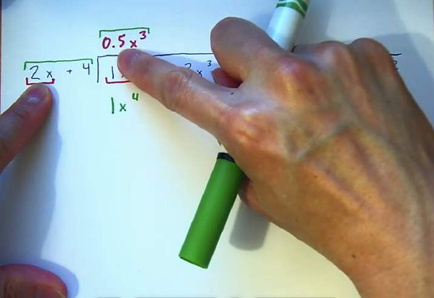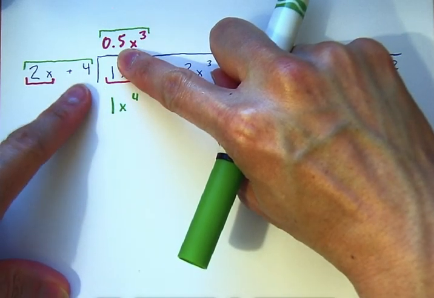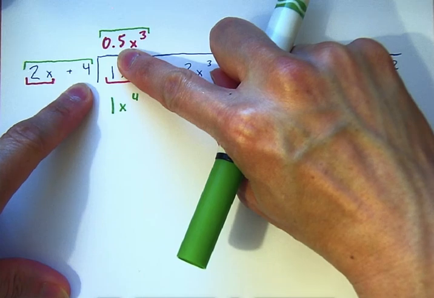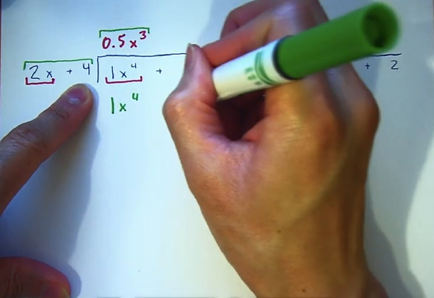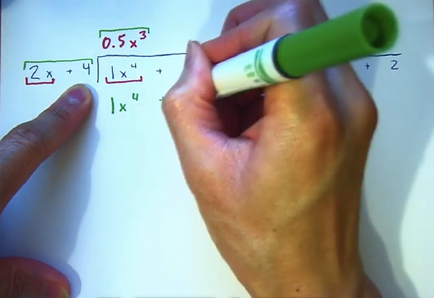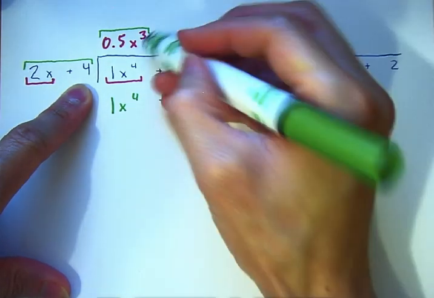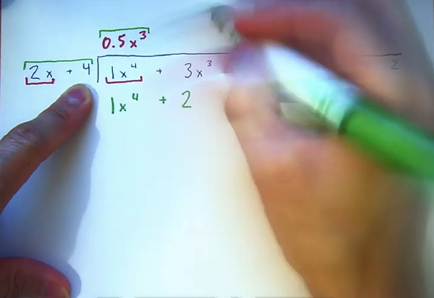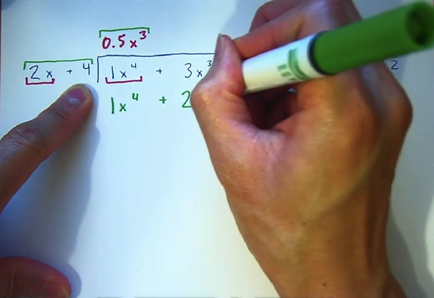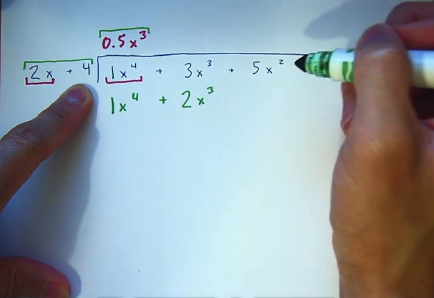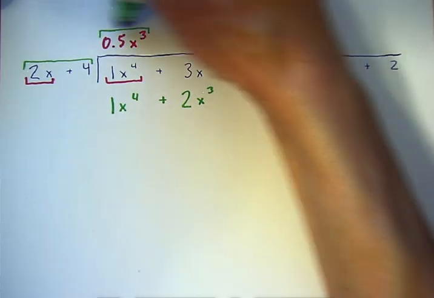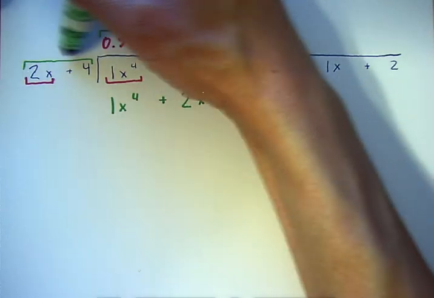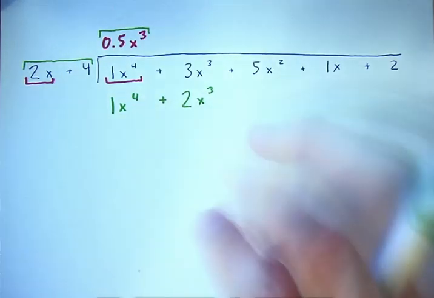Now we have to do 0.5x to the 3rd times 4. 0.5 times 4 is positive 2. And then x to the 3rd, there's nothing here, so we still have x to the 3rd. So our last term in our quotient times our entire divisor becomes this.